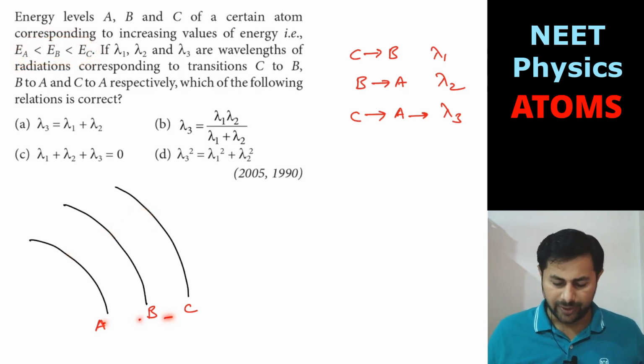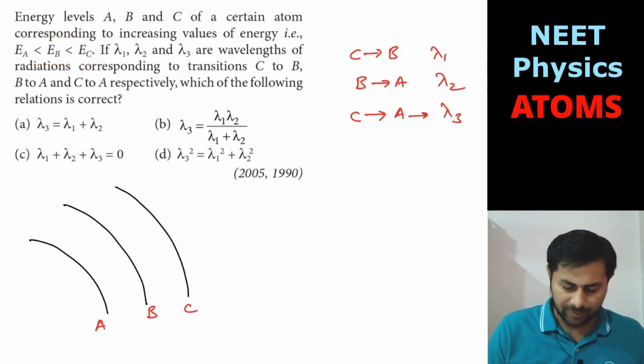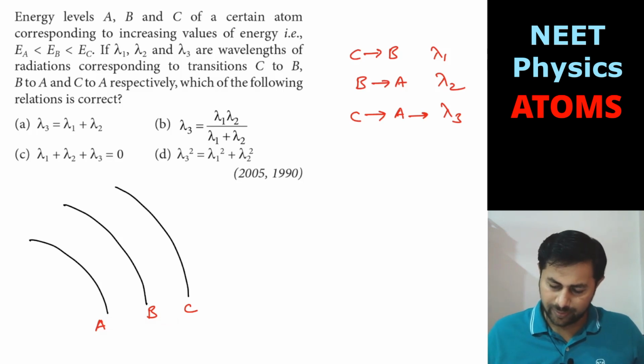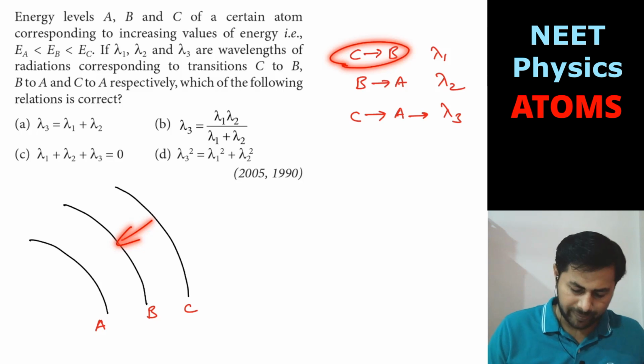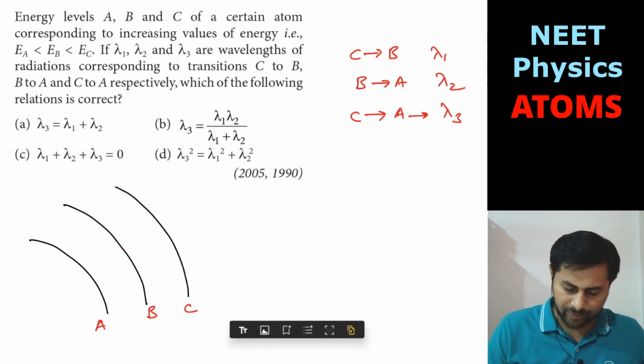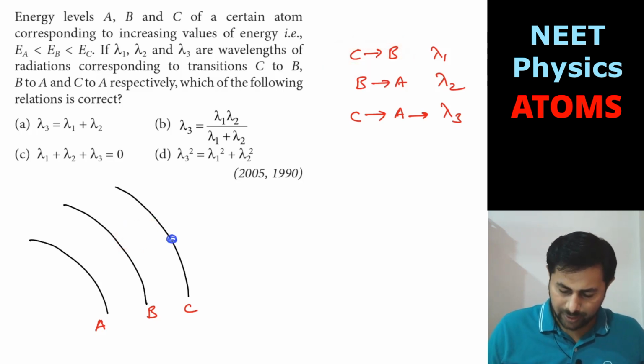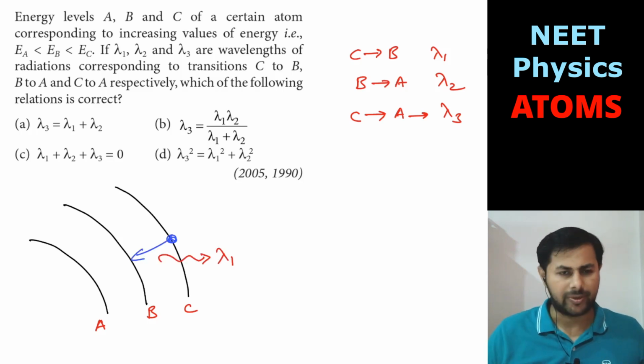So when the electron jumps from C to B, the wavelength would be lambda 1. When the electron jumps from here to here, the wavelength of the emitted photon would be lambda 1. That's given.